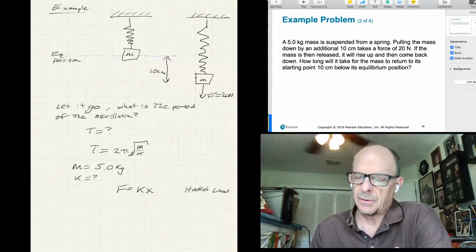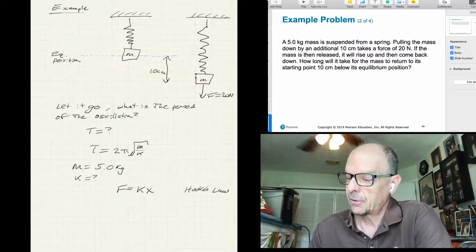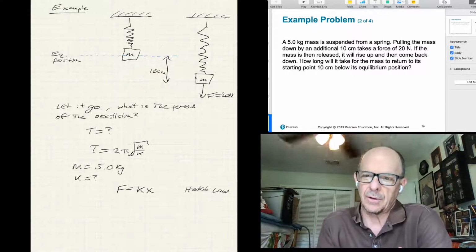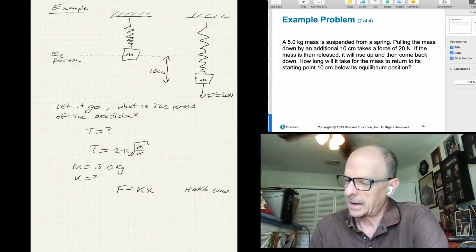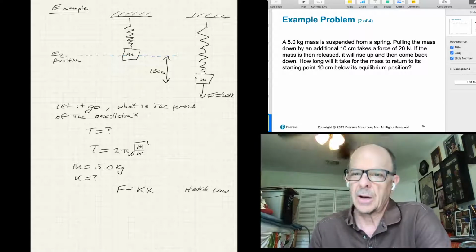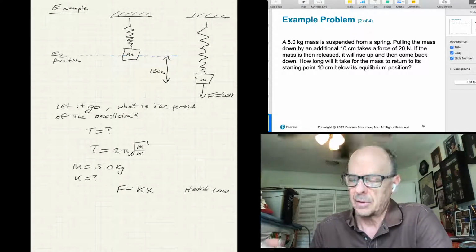But this relates the spring constant K to the force required to stretch a spring by x. The restoring force on the spring is minus Kx. That's the force that the spring is exerting on the mass to pull it back up. So you may have seen the same equation with a minus sign, but the spring constant is always a positive number.